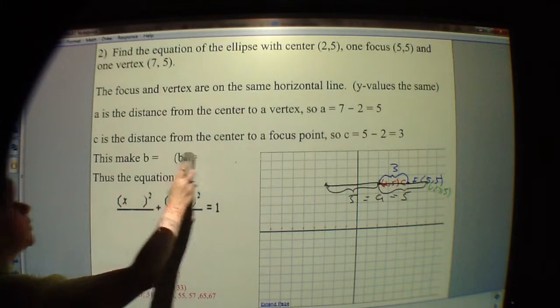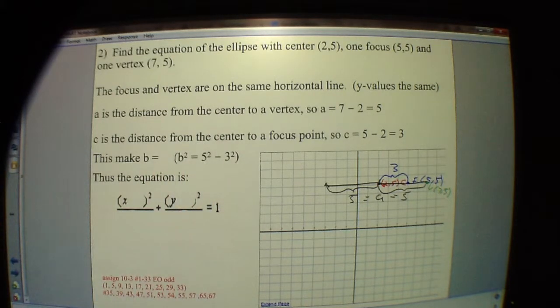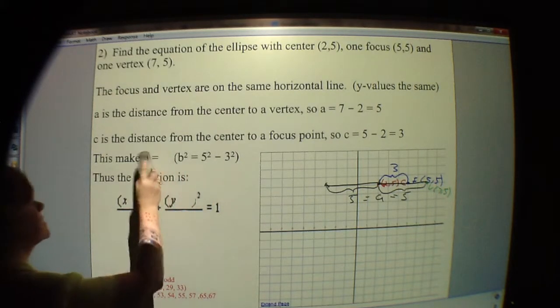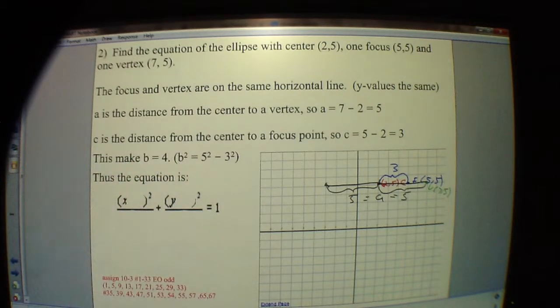And remember the equation, b squared is equal to a squared minus c squared. So b ends up to be 4, or b squared is 16, okay?